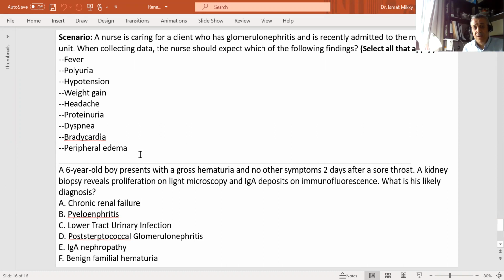And the last question, about IgA nephropathy versus AGN. A 6-year-old boy presents with gross hematuria and no other symptoms 2 days after a sore throat. So the sore throat shows there is a streptococcal infection.